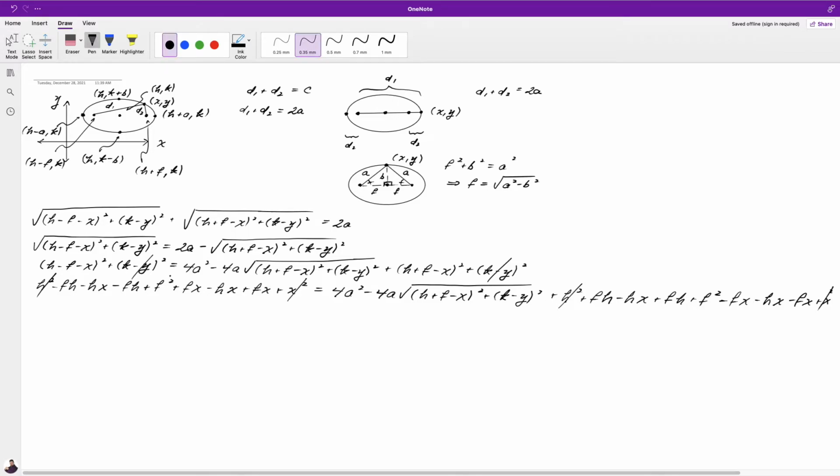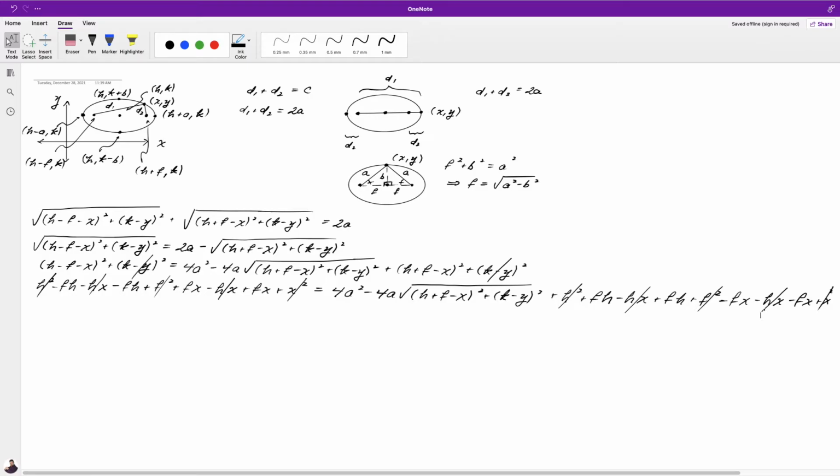There's an f squared that can be subtracted from both sides. Okay, and that's going to do it. Not as many subtractions as I was hoping, but actually, we can add hx to both sides. That's something I just noticed. And we can add another hx to both sides. Okay, so a little better than I originally saw.